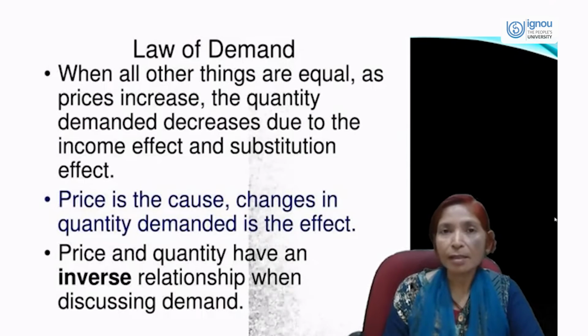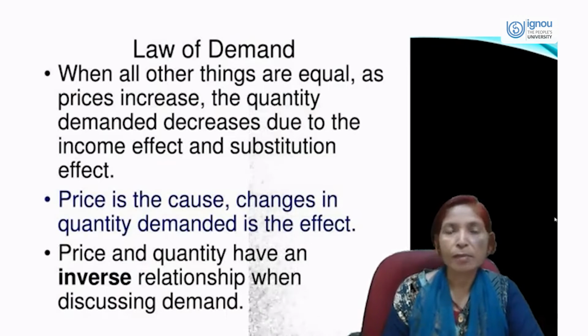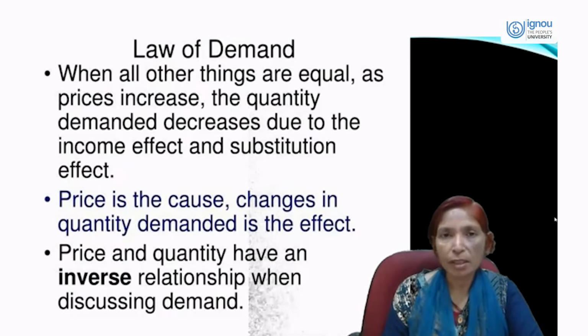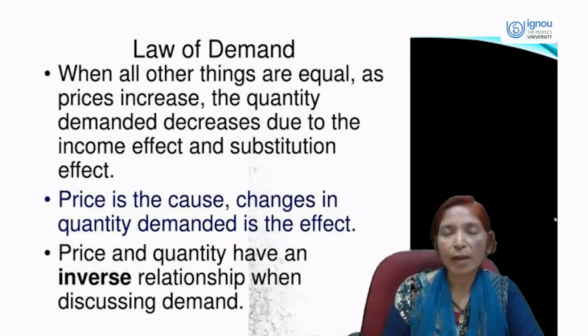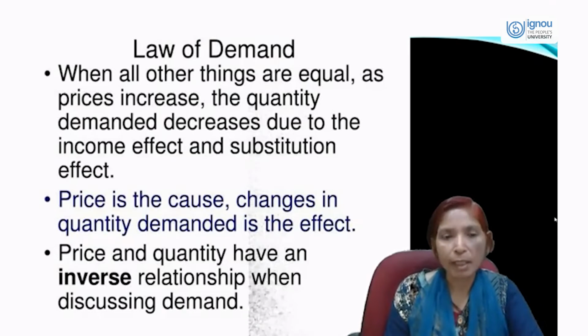What are the other factors? Like the price of related goods, taste and preferences, income of the consumer, future expectation, size of population, distribution of income, advertisement expenditure. If these factors remain constant, then only price will affect the demand for a commodity inversely.